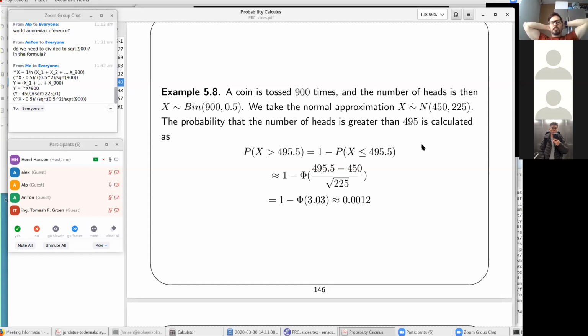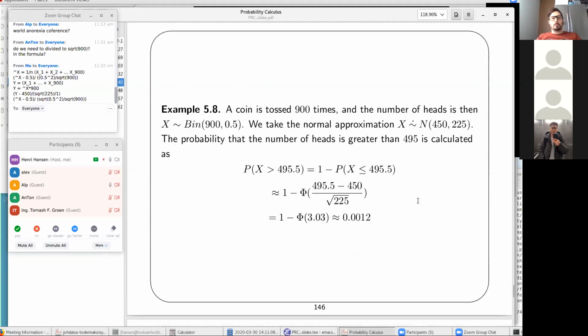After normalization, we subtract the expected value and divide by the standard deviation, which is the square root of the variance. This has a 0,1 distribution, and we're now calculating this from the cumulative distribution function of the 0,1 distribution. So this is the tail probability of those in excess of 495. All right. I'll show you a lot of these examples on Friday, so let's carry on.